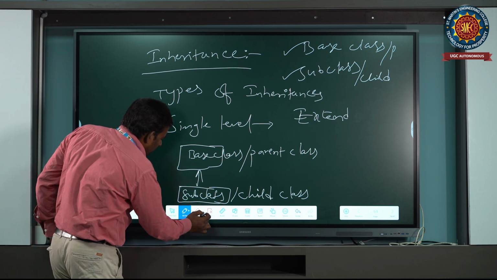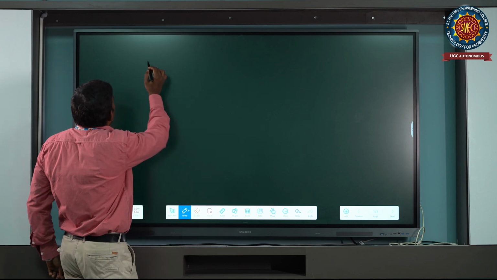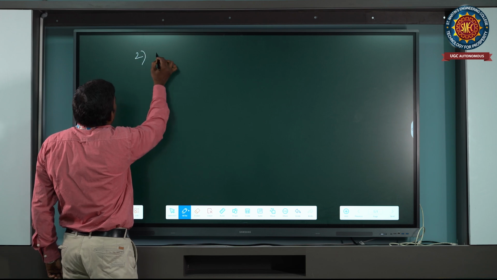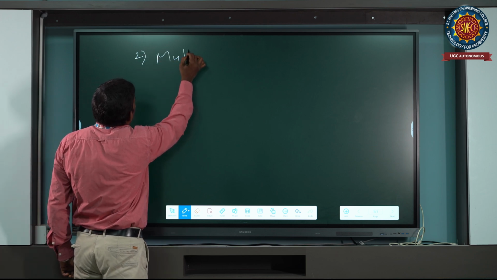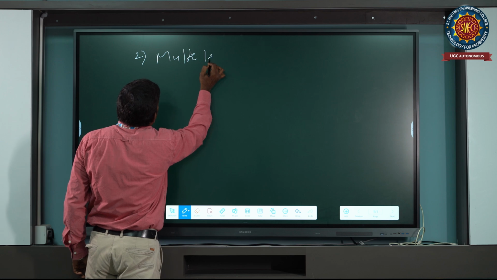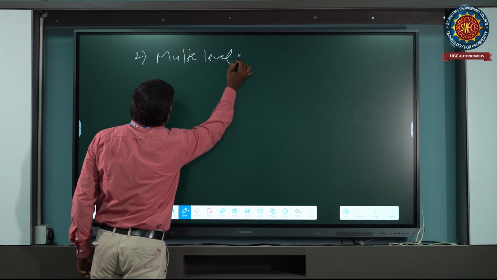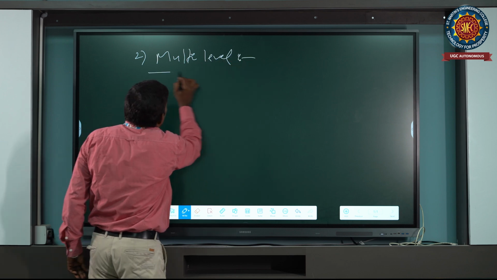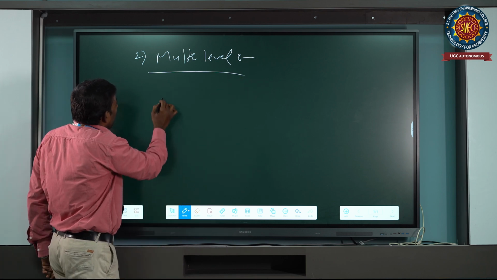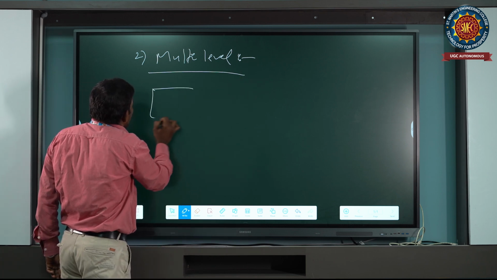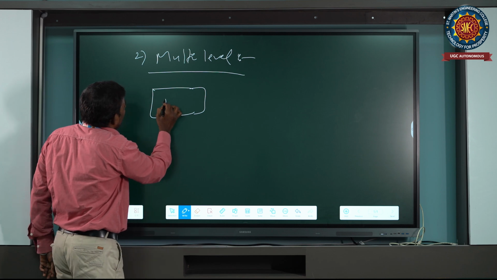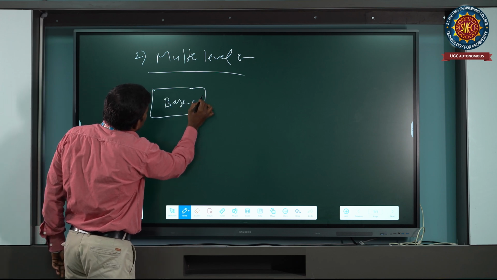Next one is multi-level. Second one is multi-level. What is multi-level inheritance? Here is one base class.